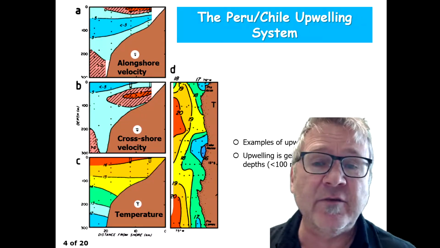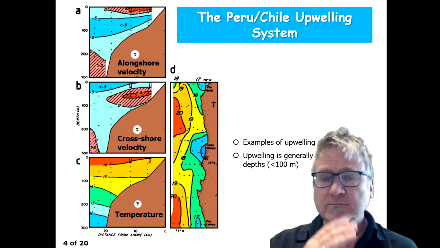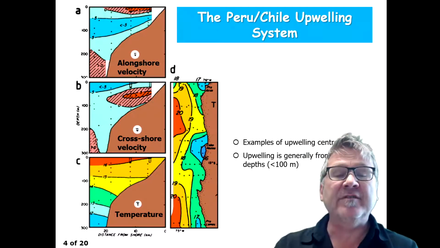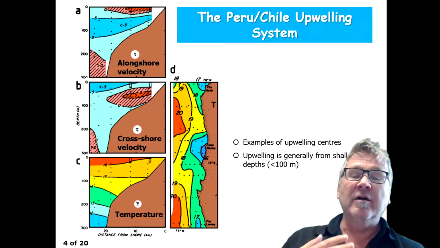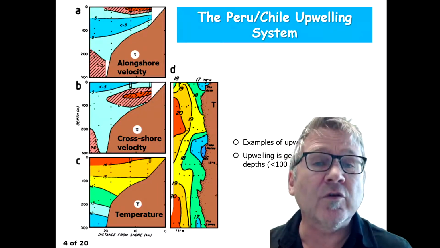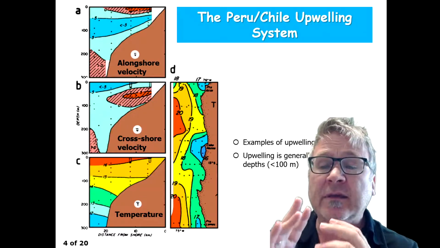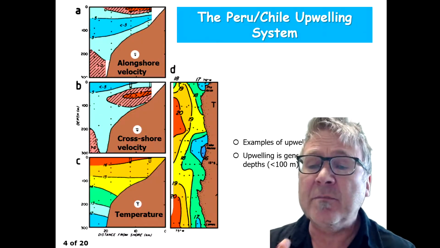All right, so some underwater observations from the Peru-Chile upwelling system. Here are some measurements actually taken from a boat with so-called CTD instruments. And here are some reconstructed maps.